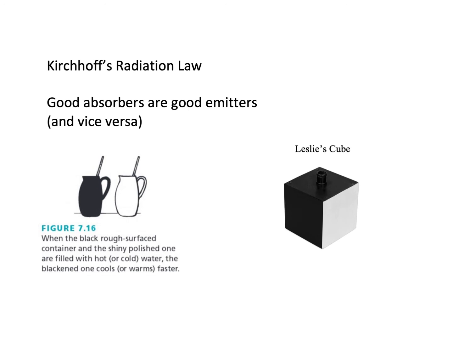And even though the water inside is all one temperature, the temperatures of the sides will be different because they're emitting electromagnetic radiation, but the black side is better at emitting it, so it cools off faster. That's kind of neat, right? Anyway, that's called a Leslie's cube, if you're curious. It's a classic physics demonstration, and it's a really great illustration of this principle.